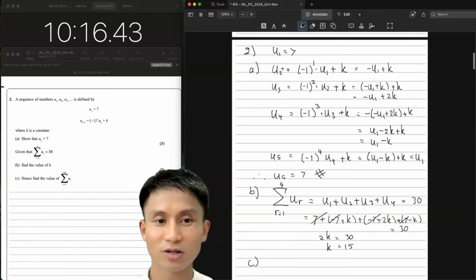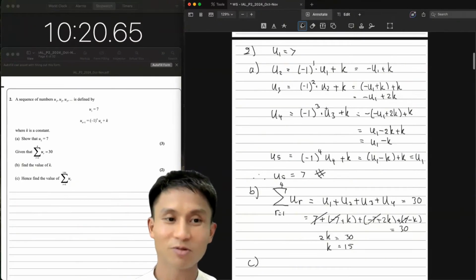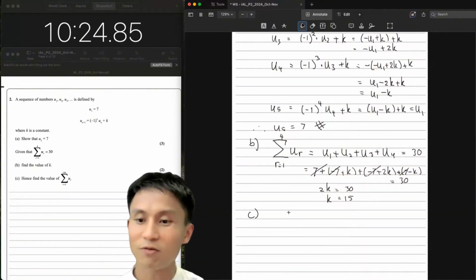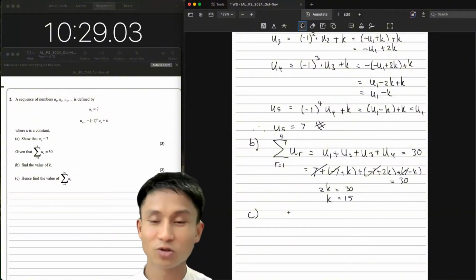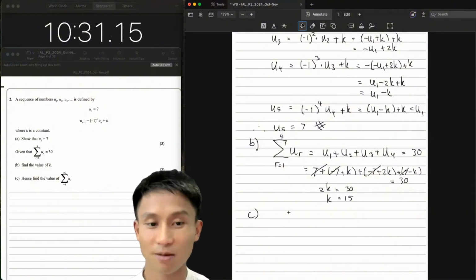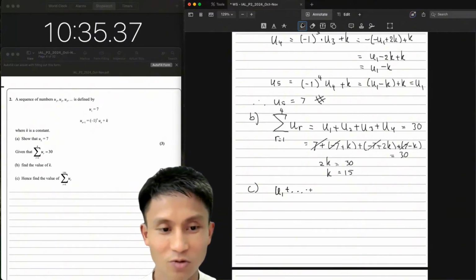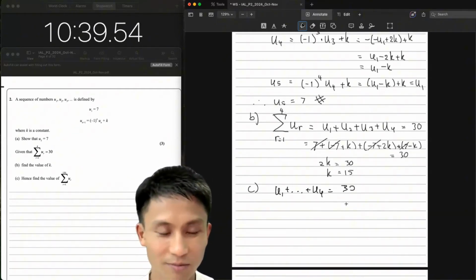So u5 going to u6, it gets minus 7 plus k. It's going to have to be the same, right? So that means we are grouping 150 terms into groups of 4, where those groups have the same sum, which is already given, actually 30.